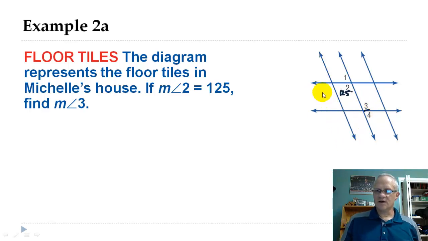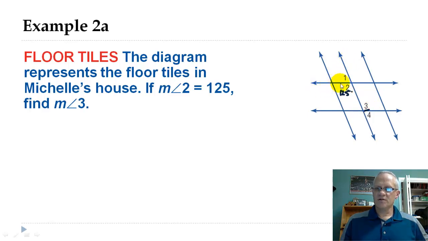Now there's a lot of lines crossing here, but what we have to do is figure out what line makes up part of both of those angles. If you look here, this line right here makes up part of angle 3 and part of angle 2. So that's the transversal line.